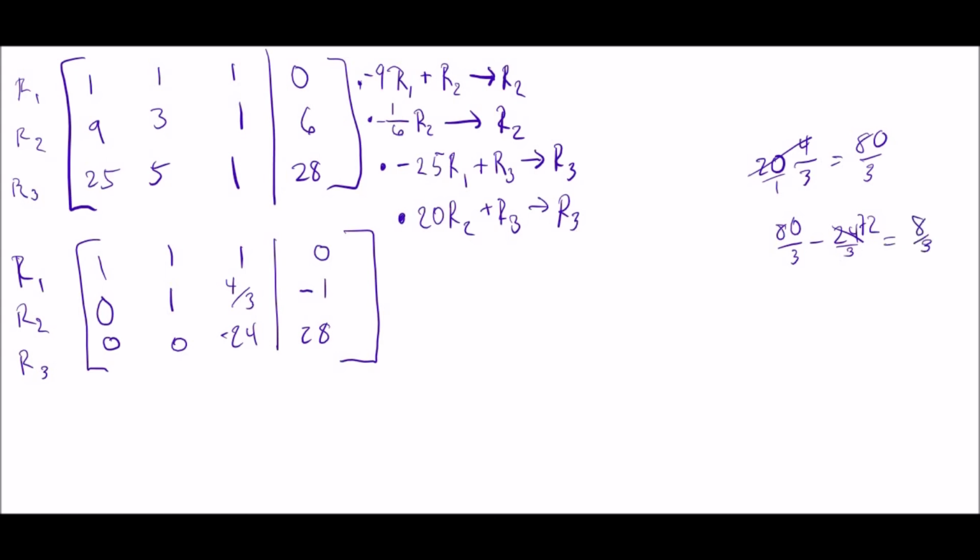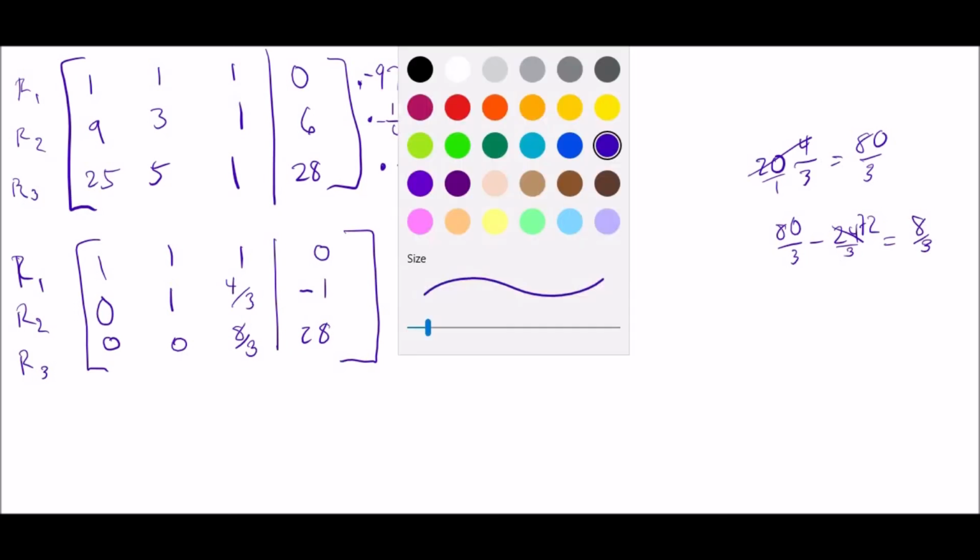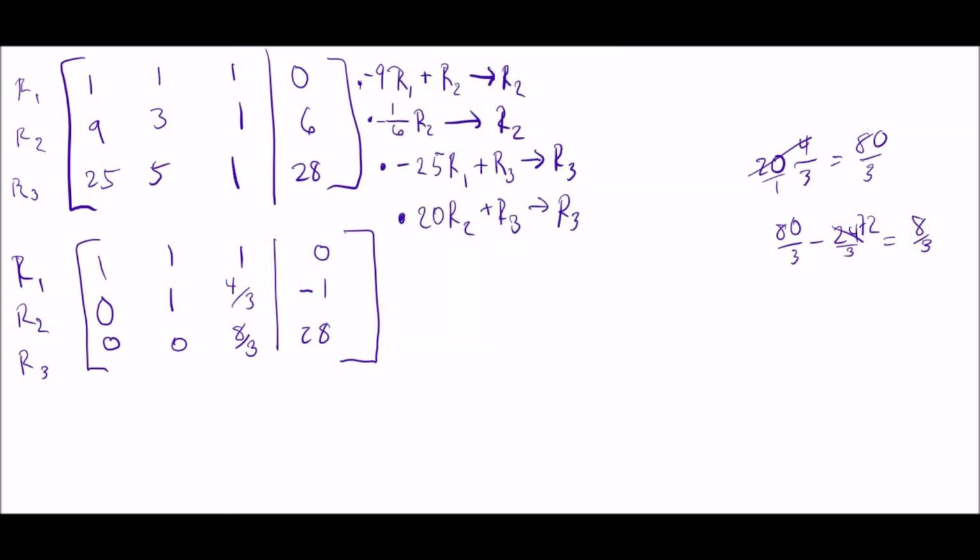So 8 over 3 is what we get. Hopefully I did that right. We'll know that if I get the wrong answer at the end of this whole thing, if we get the wrong function, this is where I messed up probably. But hopefully not. And then if I do 20 times negative 1, I'll get negative 20 plus 28, that's 28 minus 20 is just 8.